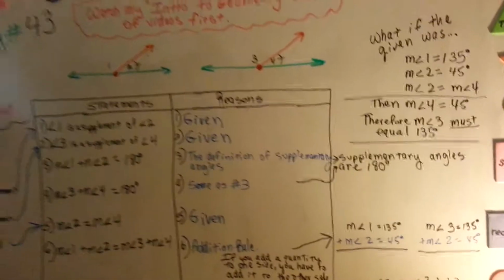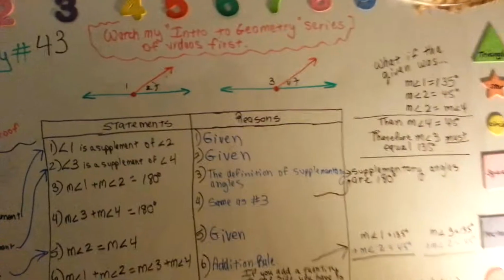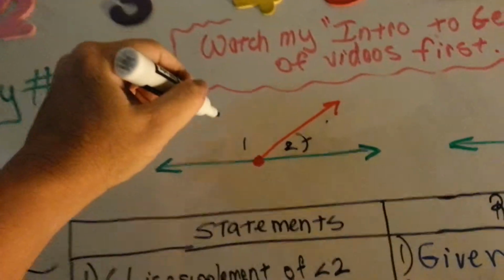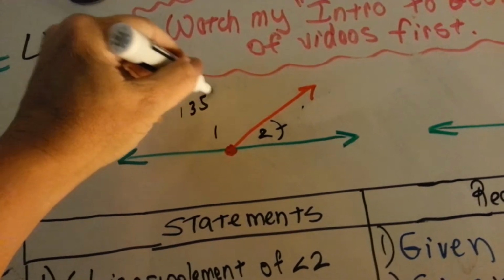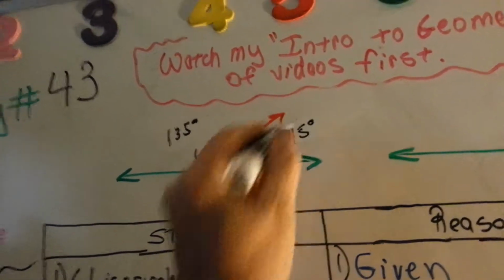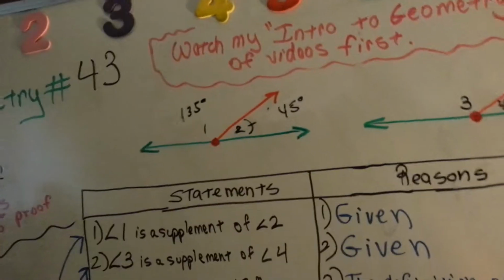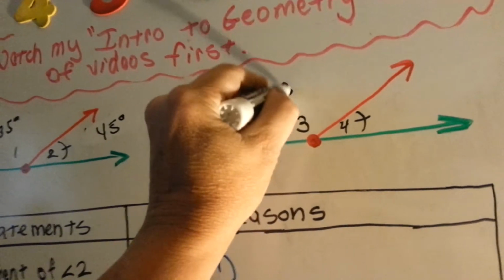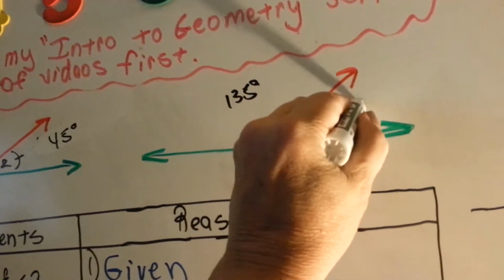So there are no numbers plugged into this. I just put the numbers there to help you understand. So let's say that 1 is 135 degrees. Okay? And let's say 2 is 45 degrees. Then it would equal 180, right? Well, that would mean that this is 135 degrees and this is 45 degrees.